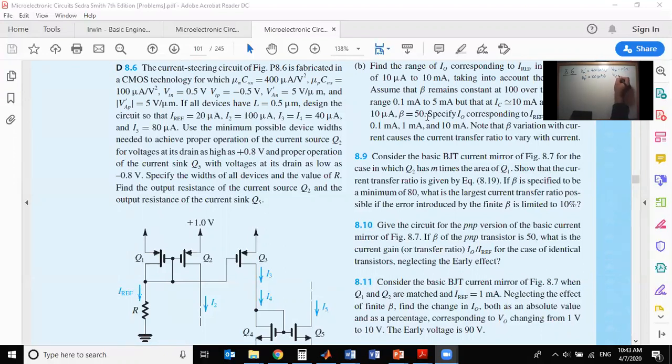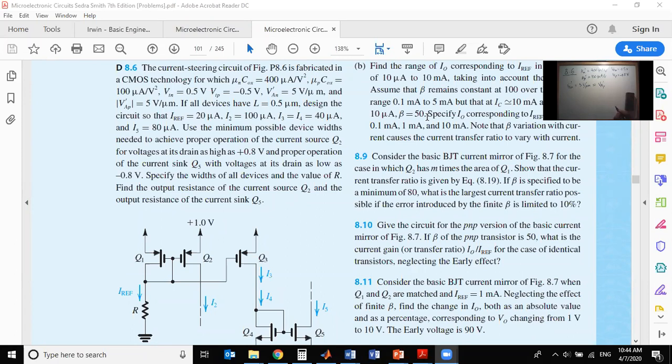You have V threshold P as negative, this has to be negative. And you have V early, so V early prime N, this is the V early per unit length, as 5 volt per micrometer. Of course this is for NMOS, and for PMOS you have V early P prime as also 5 volt per micrometer, the same as this one.